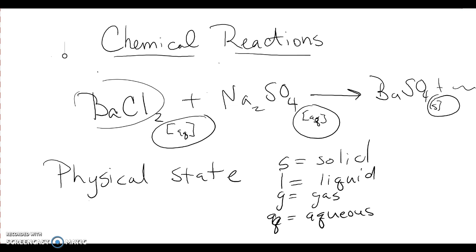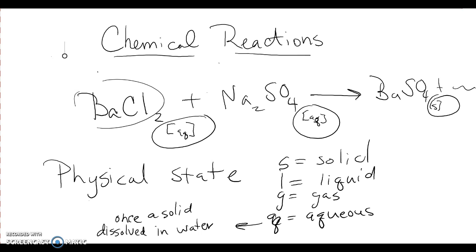Okay? And aqueous means it was once a solid and it was dissolved, typically in water. So once a solid, dissolved in water. For example, one of the ones I use for class today, I want to say it's the silver nitrate.